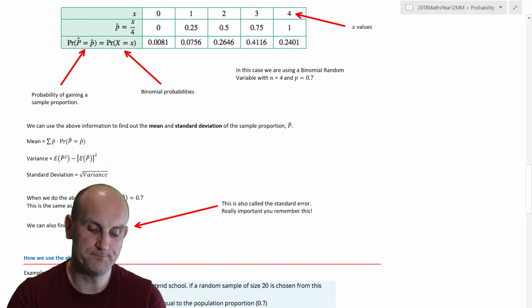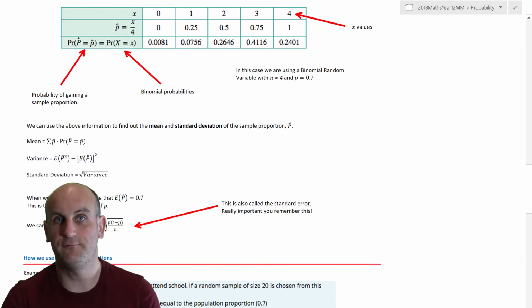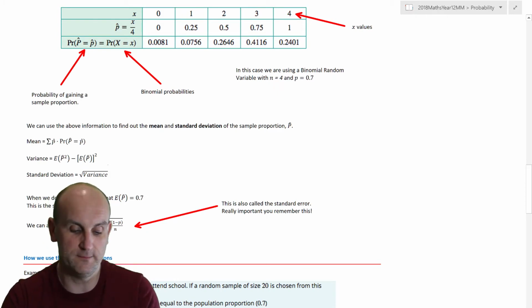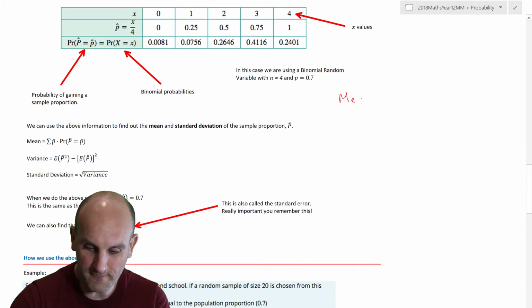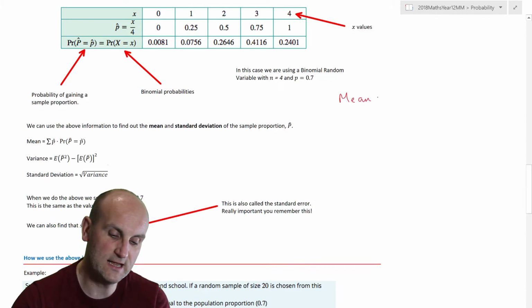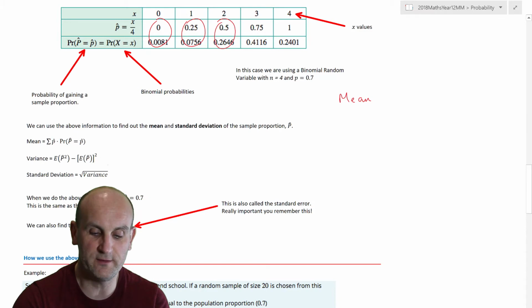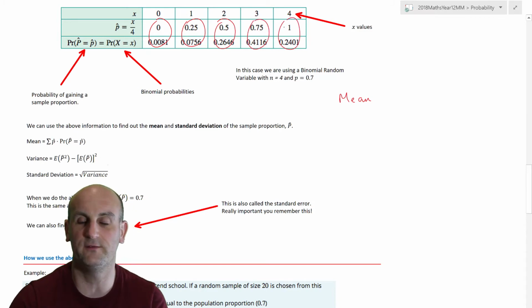If you remember, finding our mean from a probability distribution table was awesome. If I wanted to find the mean for this table, and I want to call that the mean of p-hat, then I'm going to do this times this plus this times this plus this times this plus this times this plus this times this. Why?